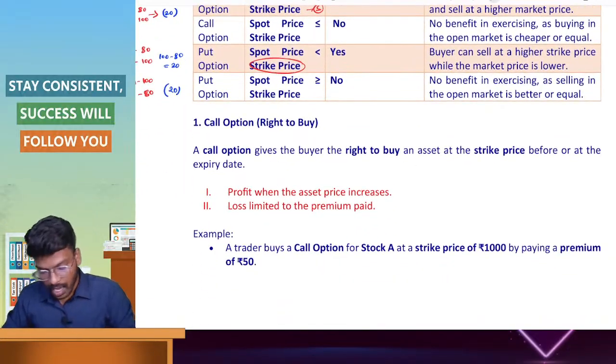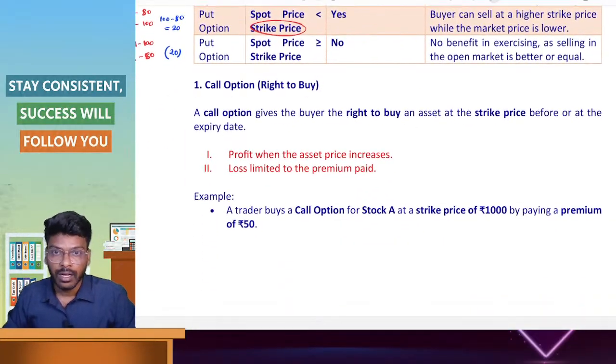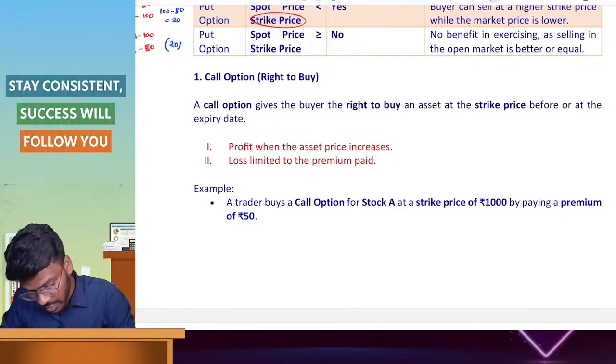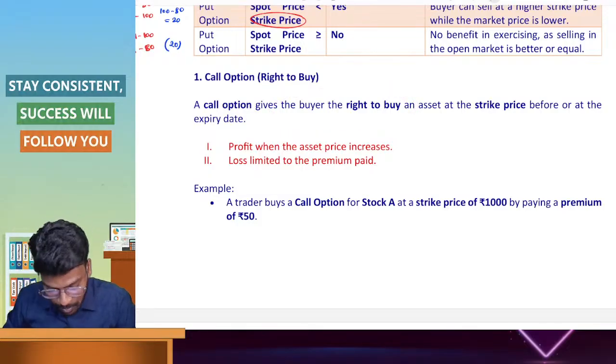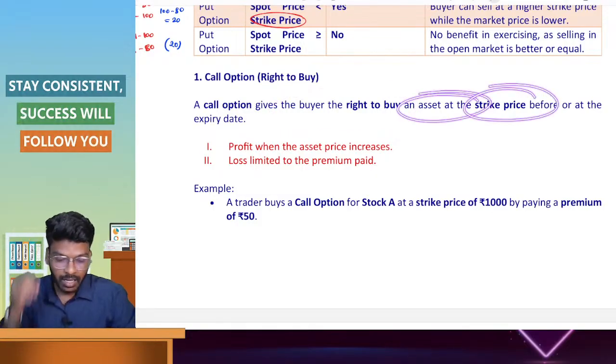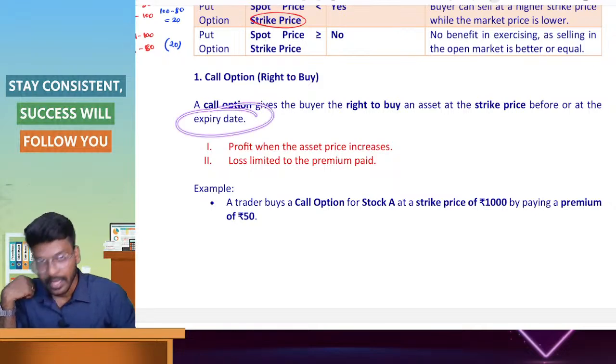Okay. Call option, that is right to buy. Right to buy will happen in case of call option, gives the buyer right to buy the asset at a strike price before or at the time of maturity.